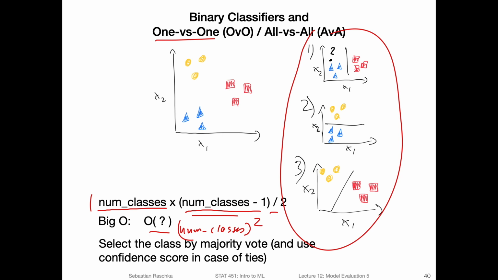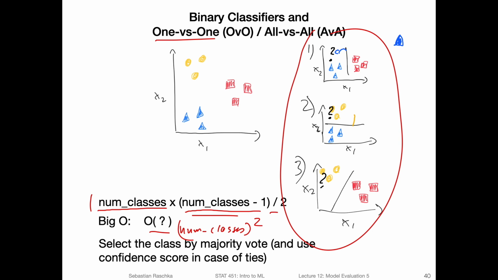So in this case, we would consider the majority vote. How this works is we would train each of these classifiers, but then during prediction you'd use a majority vote. So in this first case, it would predict this one because it's on the left side of the boundary, right? And then in the second case, we are approximately here and maybe also here.